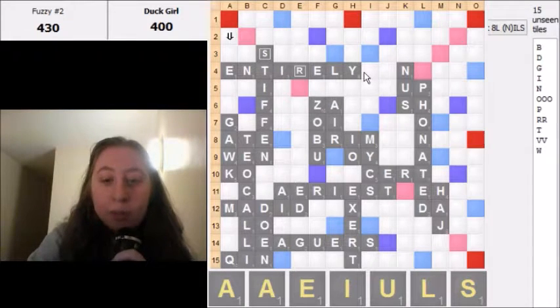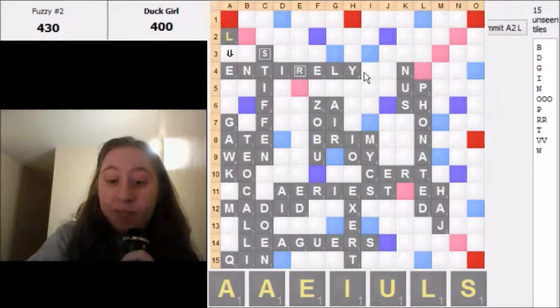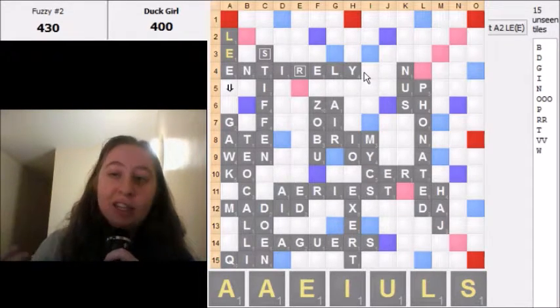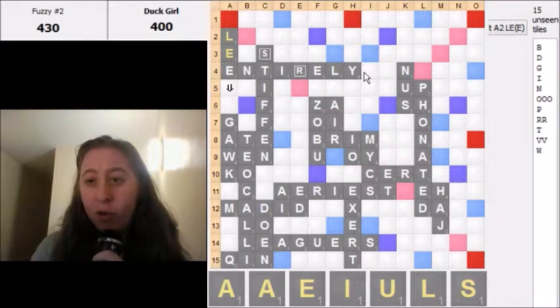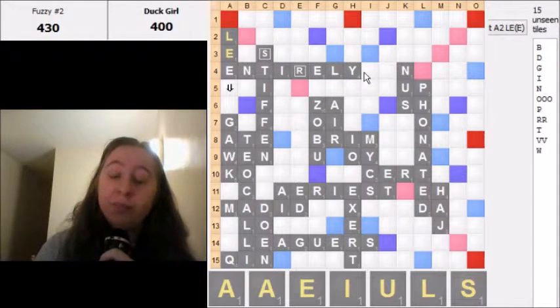Now, what's particularly bad about a setup play, for example, like Ale or Lee, if I use those two examples, is they're really easy for your opponent to still use. What you've always got to consider when you're making your setup plays is the hooks that the words take.